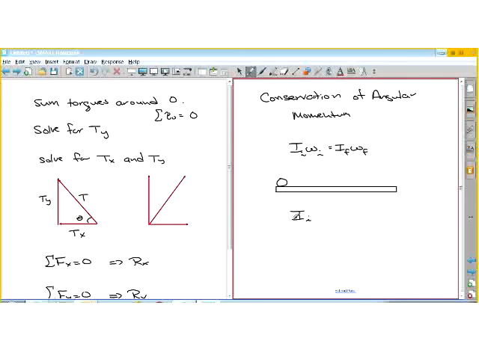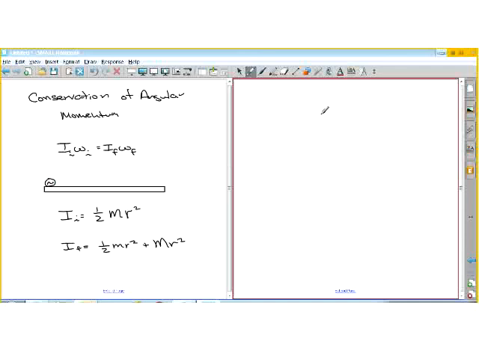For the disk example, the initial moment of inertia would be 1/2 the mass of the disk times the radius of the disk squared. The final moment of inertia would be the same moment of inertia of the disk, plus the mass of the person, or whatever this thing is, times r squared. So this gets bigger, because this is the same and you add more, so the thing slows down.